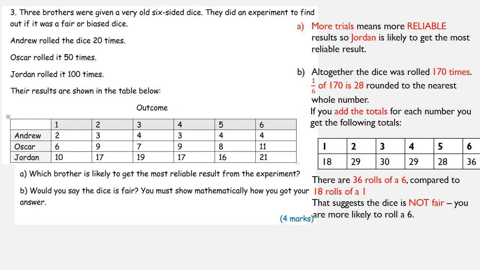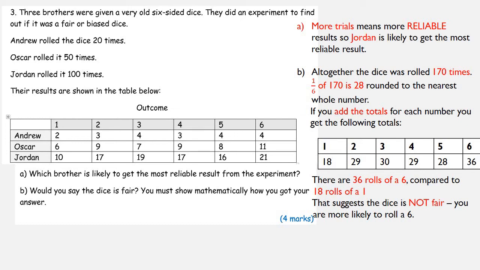Okay, so we would expect the dice to land on a 1 or land on a 2, 1/6 of 170 times. We'd expect 1/6 of the rolls to give us a 1, 1/6 to give us a 2, and so on, if the dice is fair. And if we divide 170 by 6, we get 28 to the nearest whole number.